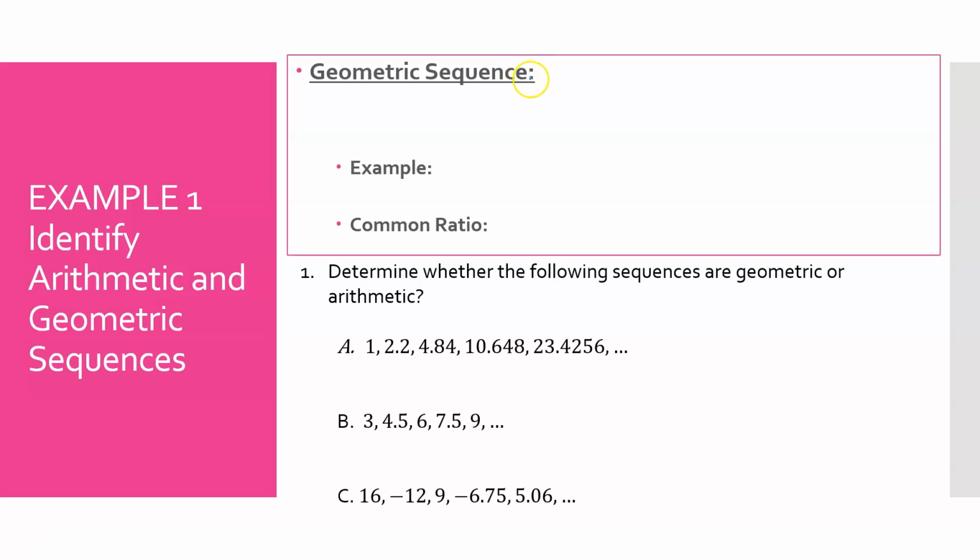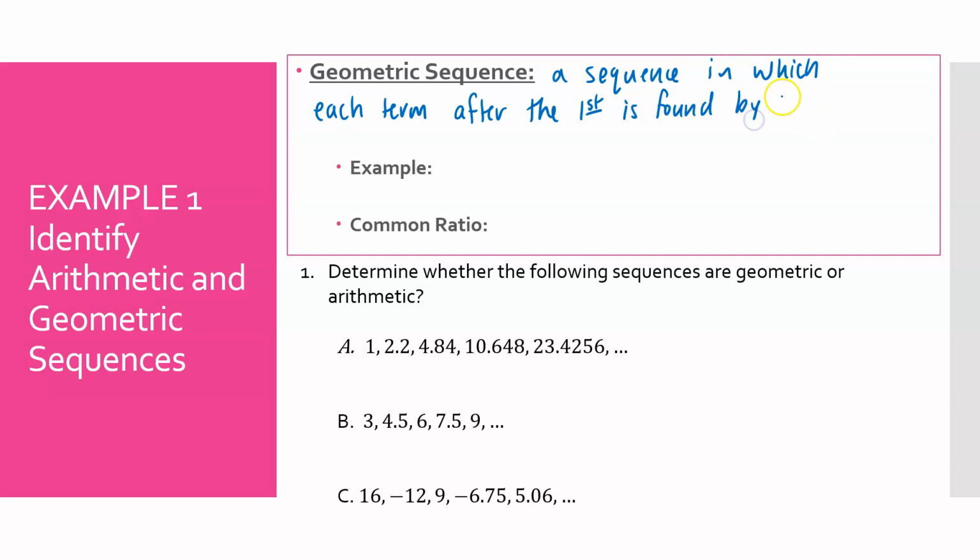A geometric sequence is a sequence in which each term after the first is found by multiplying, and that's the key, multiplying the previous term by a common ratio.